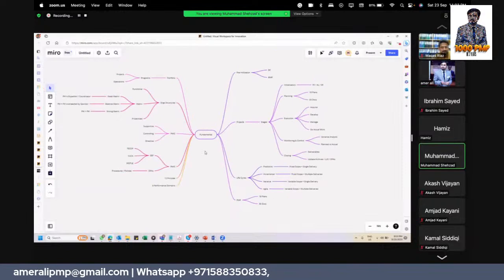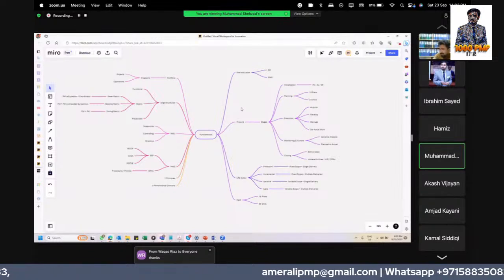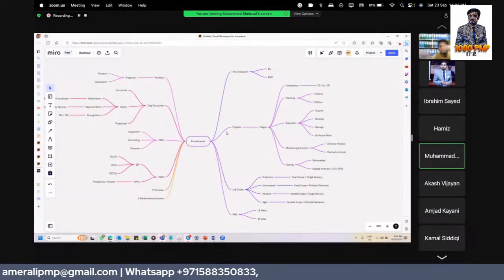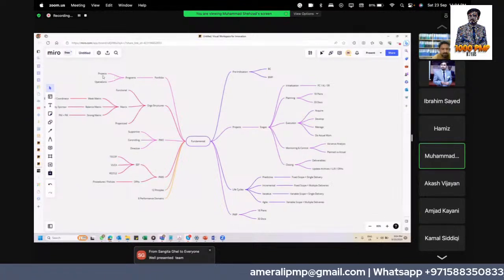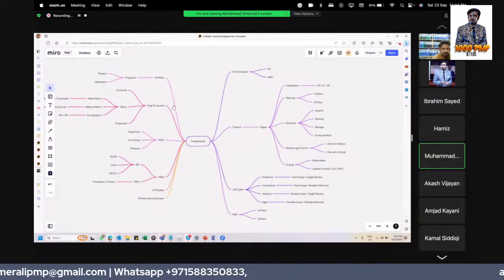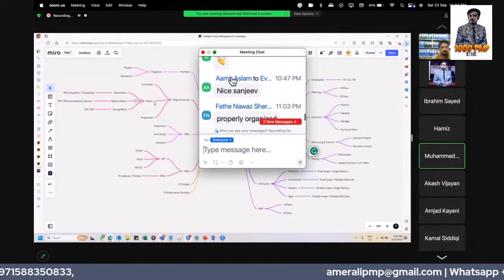Okay, guys, I'll start with the fundamentals, then you can proceed with the others. In the fundamentals, in pre-initialization, we have the business case and business management plan. Under the fundamental concepts, we have the concept of portfolio. A portfolio contains programs. Under programs, there are multiple projects running in parallel to operations. Then we have different types of organizational structures: functional, matrix, and projectized.